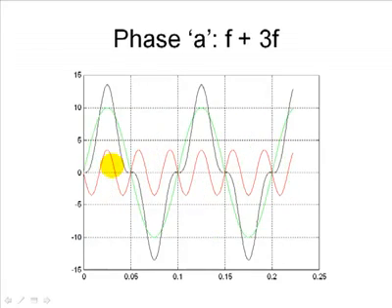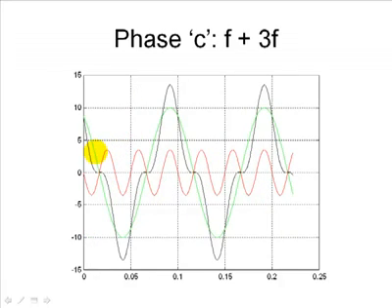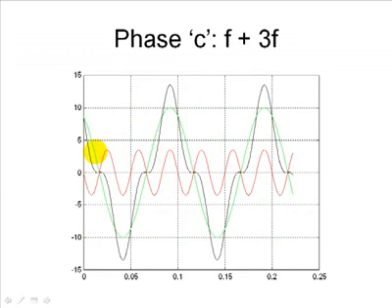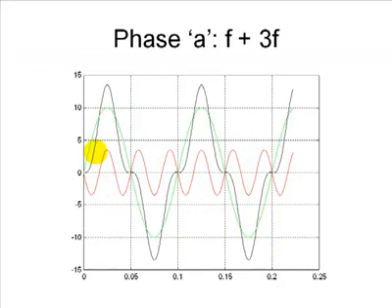Do you notice a fundamental component of each one of them is actually separated from the fundamental of the previous phase by 120 degrees? The green one? Absolutely. But what happens with the triple frequency component of each one of the currents? Well, you say nothing happens.